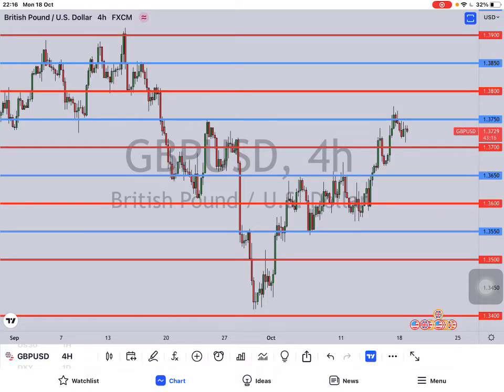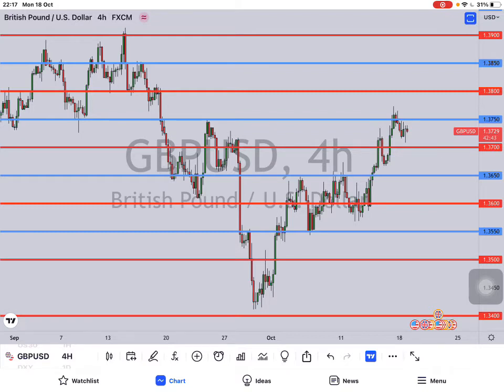Quarter points will basically be, for example, if we're starting at 1.34, a quarter point will be 1.3425, and then the halfway point will be 1.345, and then the next quarter point will be at 1.3475, and then finally the whole number will be at 1.35. So in between 2 points, you're going to have 4 quarters, which make up a whole, right? So 25, 50, 75, 100 quarter points, right?